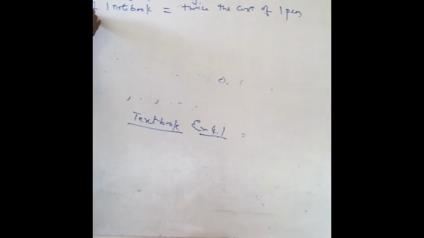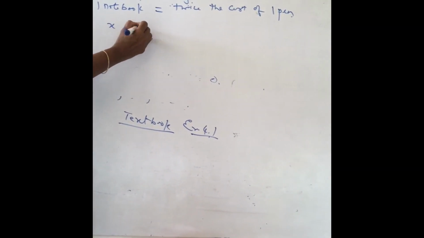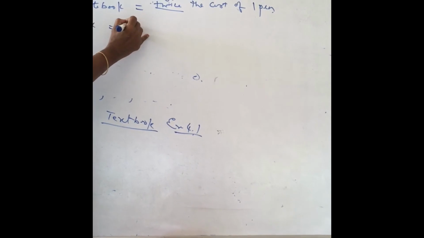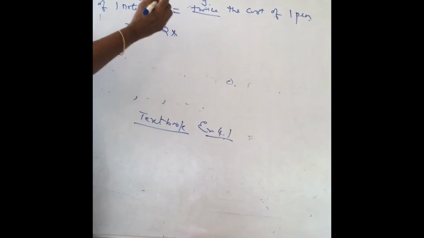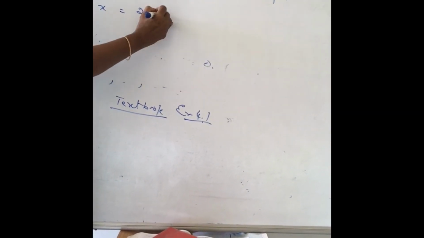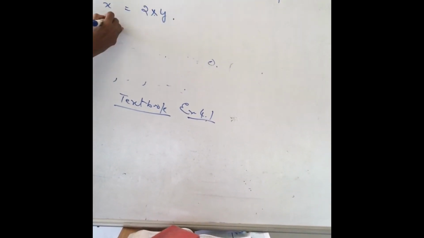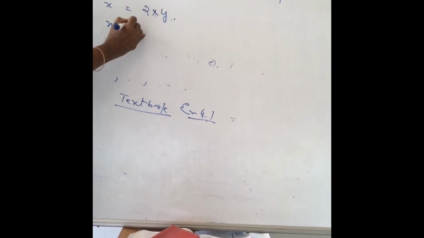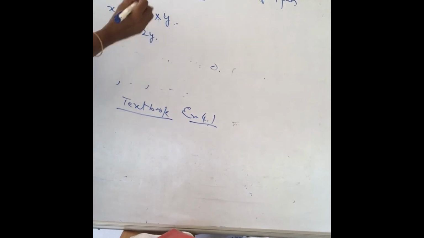What is the cost of one notebook? x. Twice means what, children? 2 into the cost of one pen. So 2 into y. What is 2 into y? 2y.